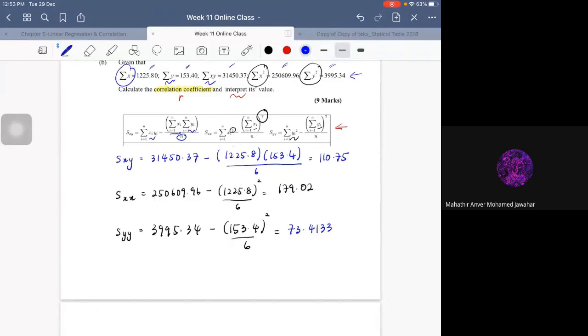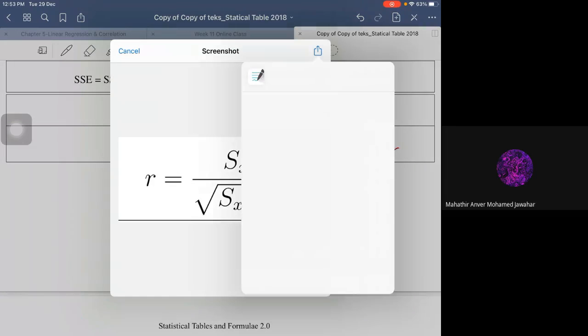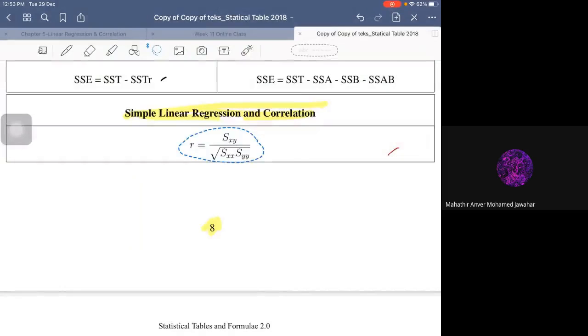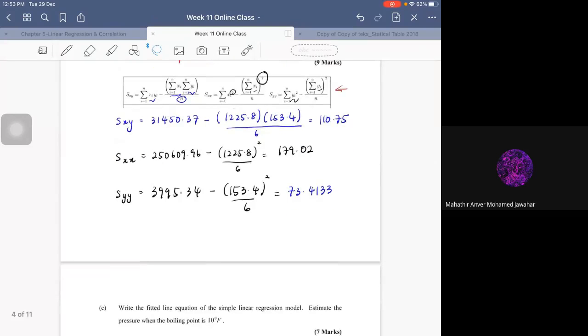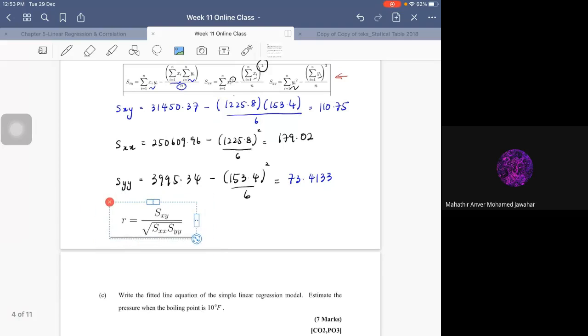Thank you. Now that I have all these elements, only then can I apply the formula to find R. So this is going to be the formula. Let me copy this and paste it right here. Now all I have to do is substitute all the values that I have obtained.